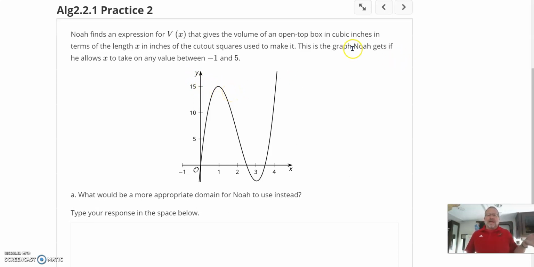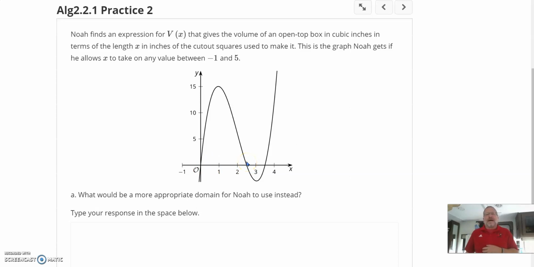The person inside this problem, Noah, claims that he is going to use a domain that says we should use everything from -1 to 5. Well, -1 means you cut away a negative length. I don't know if that makes sense. And looking at the graph, there's a couple of key x-intercepts. There's one at 0, and there's another one over here at 2.5.